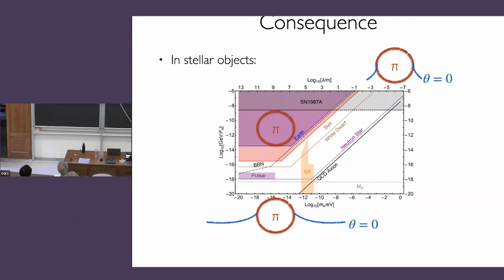Well, if you are to the right of this line, for example, for the neutron star, then the profile which interpolates from theta equal to pi inside the star and theta equal to 0 in vacuum is the same-ish domain wall-like structure.